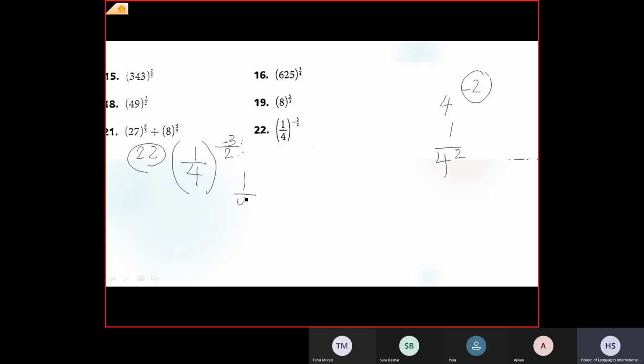See here, 4, 1 over 4. We have 1 over 4. Yeah, 4 over 4, upwards. So 1 over 4.